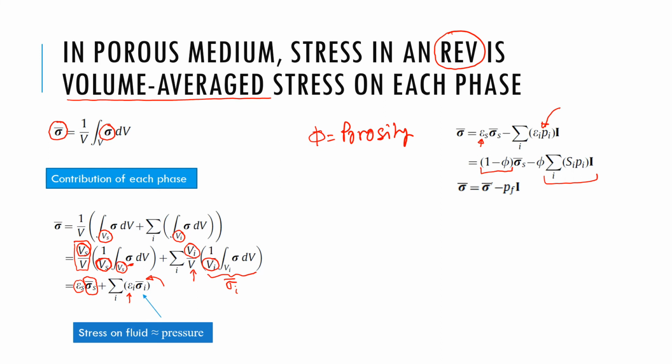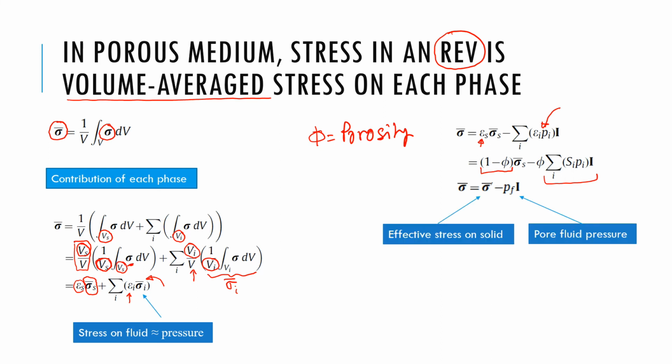So this now we can write as an effective stress on the solid. Notice this stress was over the solid part only, so sort of the area occupied by the solid.